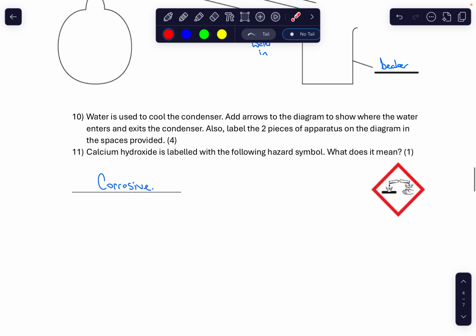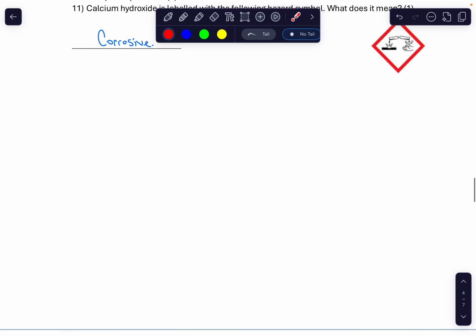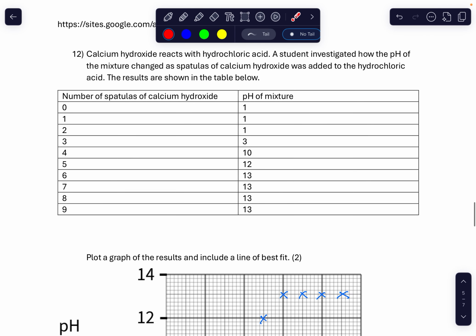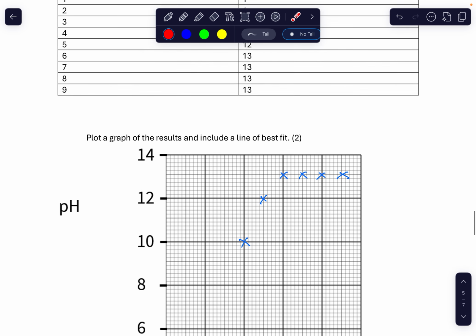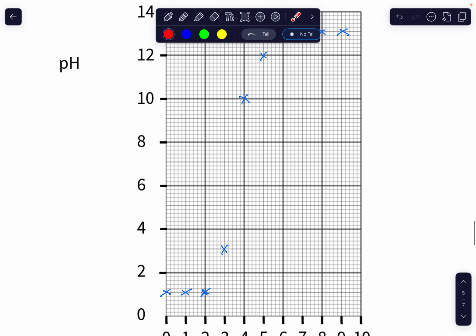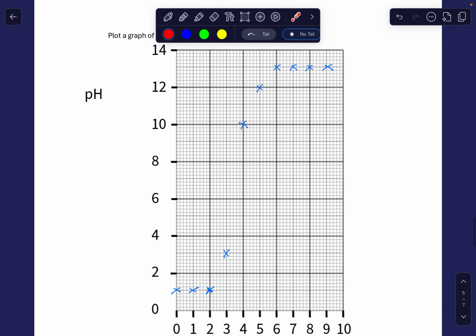What does this mean? This here means this is corrosive for 1 mark. And then we had to plot a pH curve. So here we've got the data. So we need to plot these values on this graph, which I've actually done in preparation. I'm going to zoom out a little tiny bit. So we've got that ready.